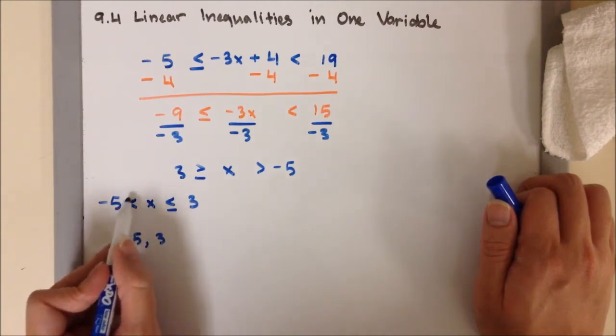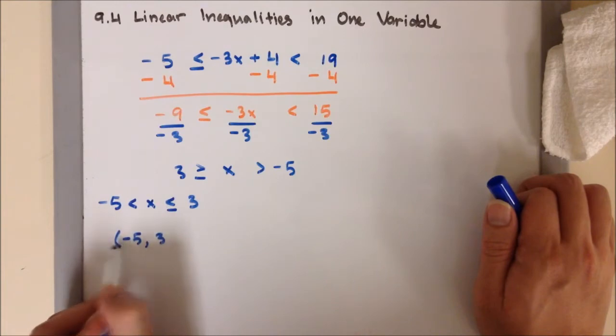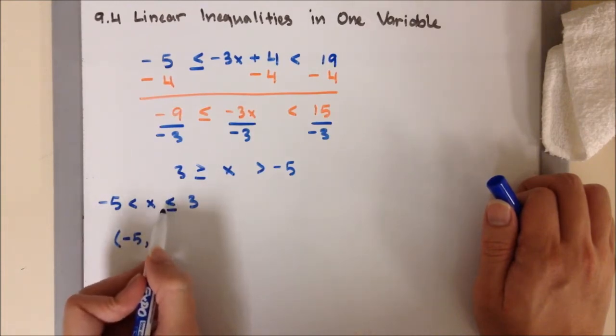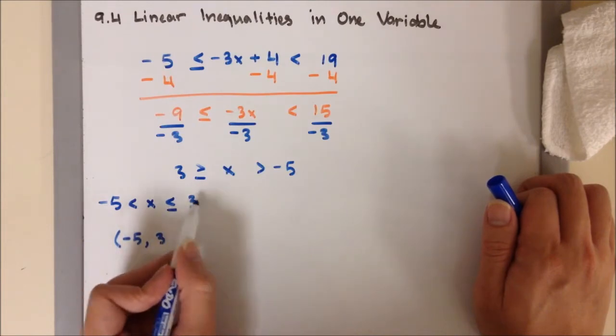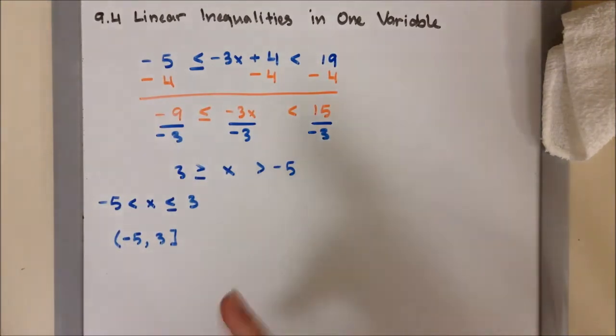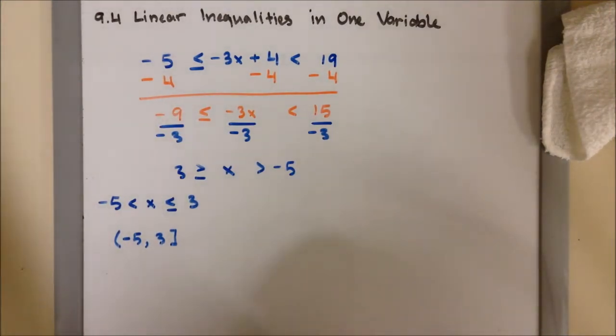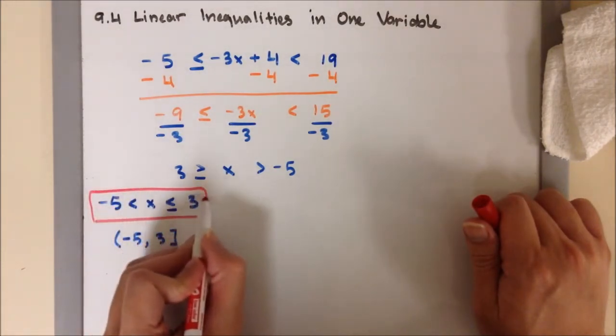Now the inequality sign less than is on the negative 5. That means I'm just going to put a parenthesis. This inequality sign, less than or equal, is with the 3, so I'm going to put a bracket on the 3. So any answer is acceptable. The first one, again, is inequality notation.